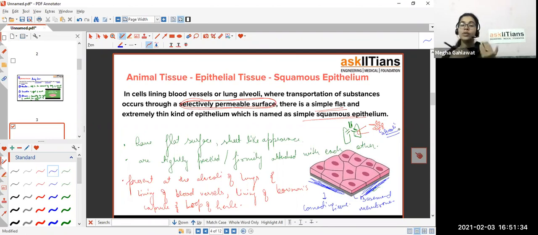And similarly, these are present in the lining of the blood vessels, such as the capillaries or several other blood vessels. Why? Because those blood vessels go and interact with the individual cells of the body or the internal organs of the body, where the exchange of certain materials and gases is required in order to let the molecules pass across it, okay?